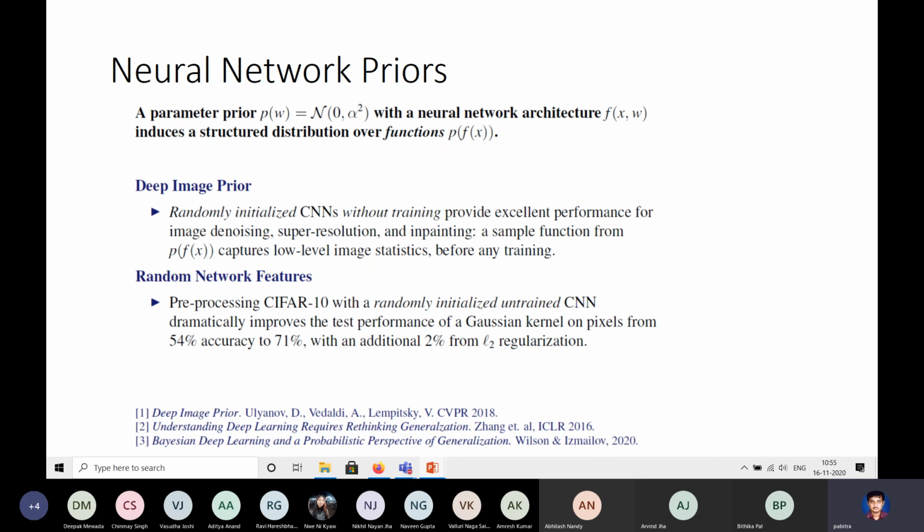The view is that all this pre-training that you often do is nothing but defining priors over the weight space. But people have also handcrafted priors. People have defined deep image priors and random network features, which is also a regularized prior. For more details, you can read the paper Bayesian Deep Learning.